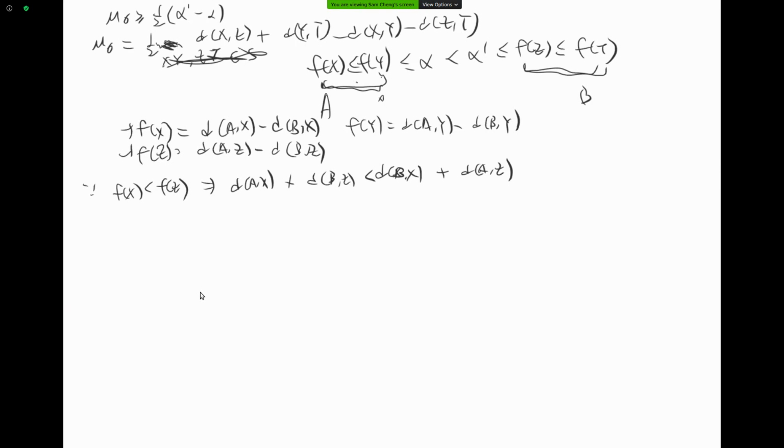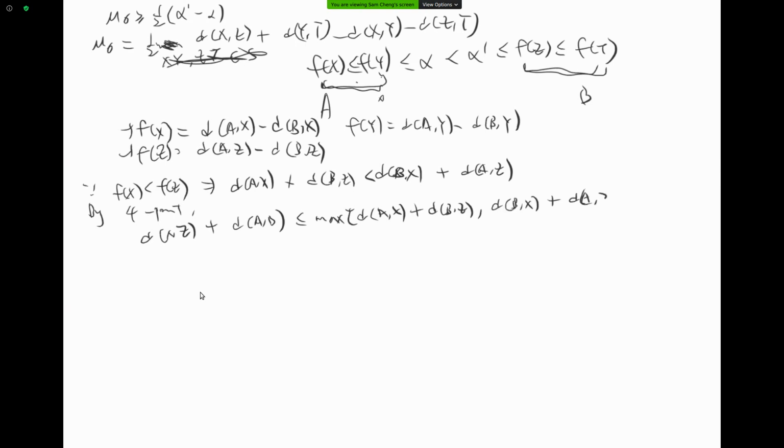And then by 4 points, remember that we have this 4-point assumption here. So we assume the 4-point assumption holds, and we want to show delta d is bigger than or equal to d, right? So by 4 points, I have dxz plus dab is less than or equal to the maximum of dax plus dbz and dbx plus daz.